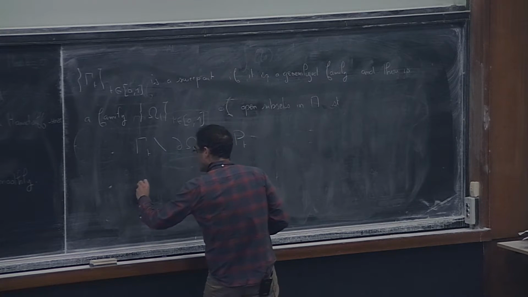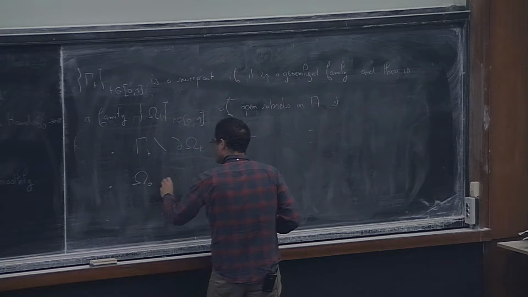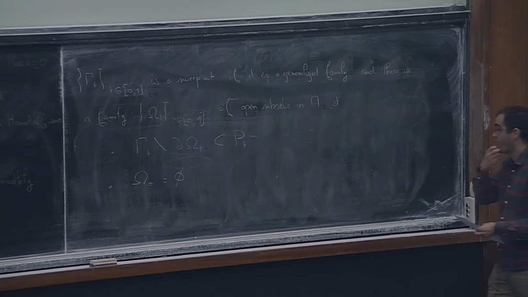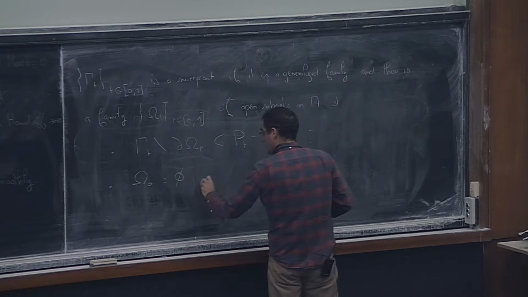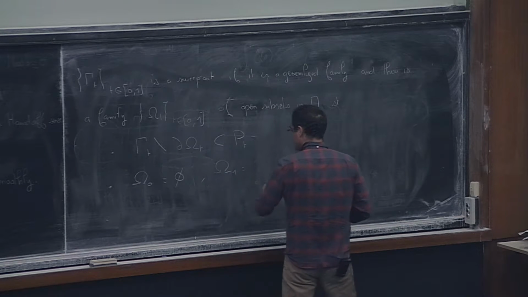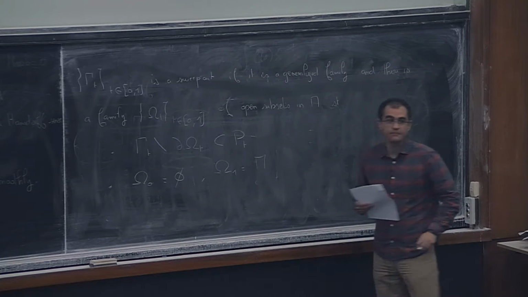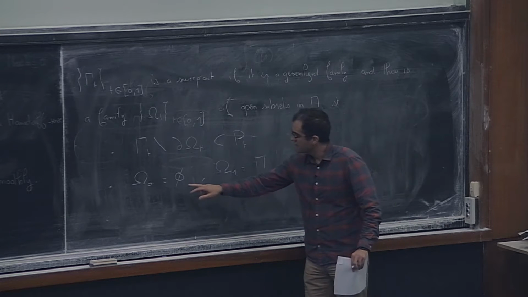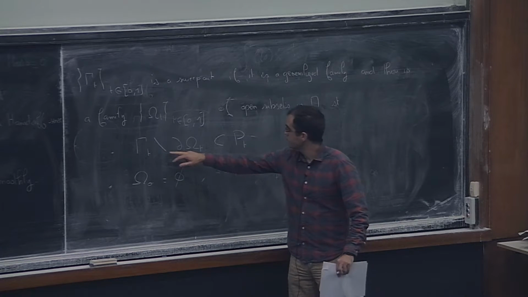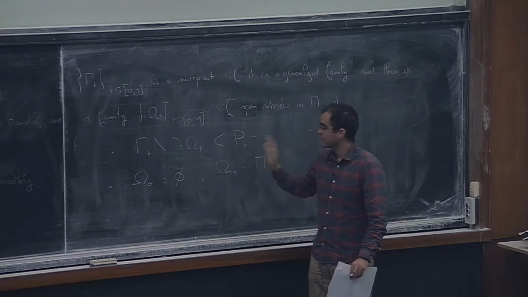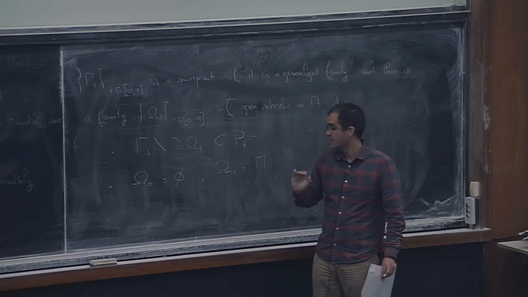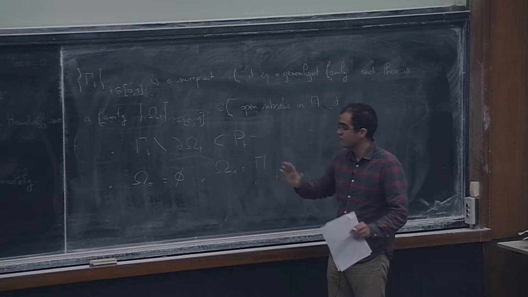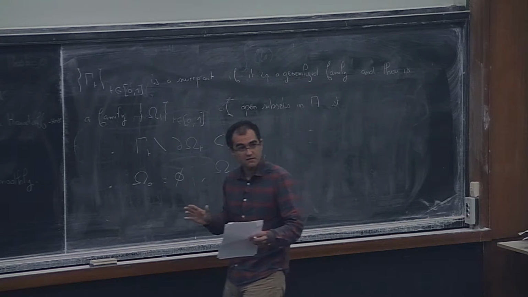The second thing is that omega naught is just the empty set. And omega 1 is the whole manifold. So it implies that gamma naught, because of this, is just a finite number of points, maybe the empty set. And gamma 1 is also a finite number of points, maybe the empty set.